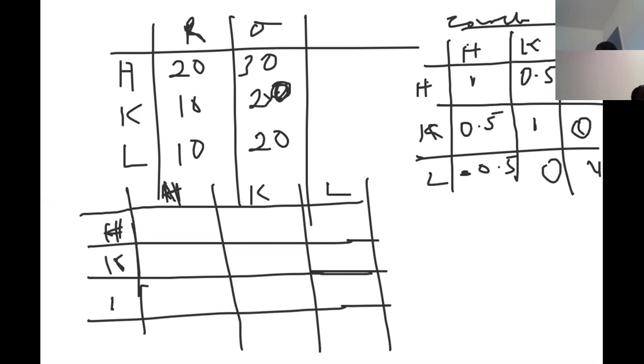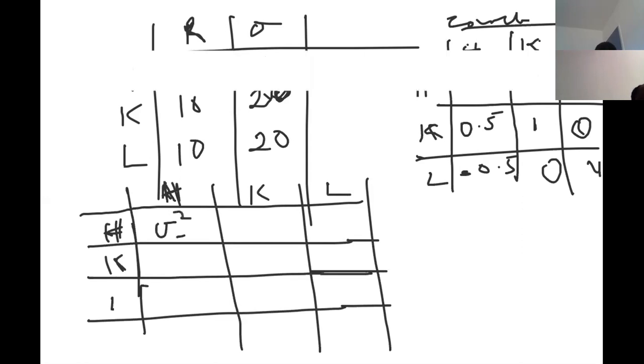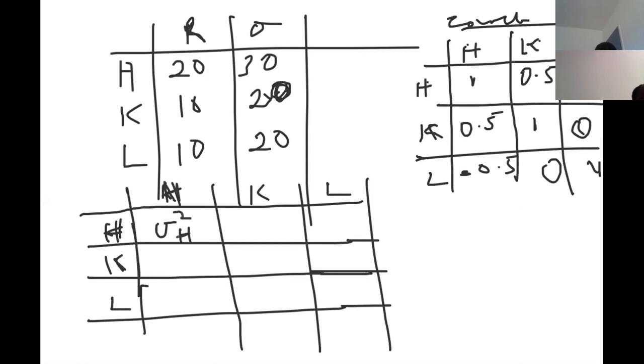Now this becomes the variance of H. This becomes the variance of K, because it's K and itself. Sorry, but when we do the variance covariance matrix, in which case do we multiply this by 2? No, that is only when you're trying to minimize and you differentiate.